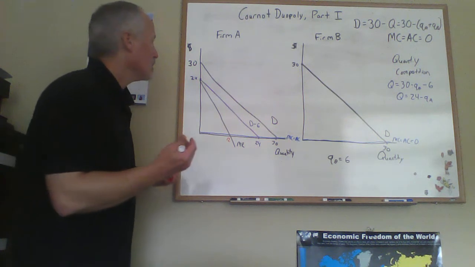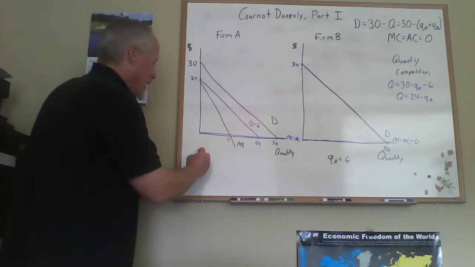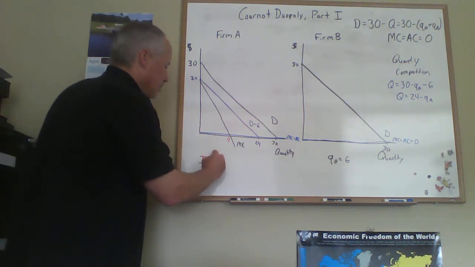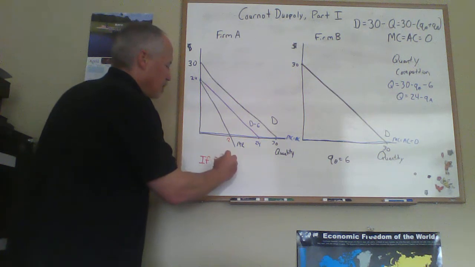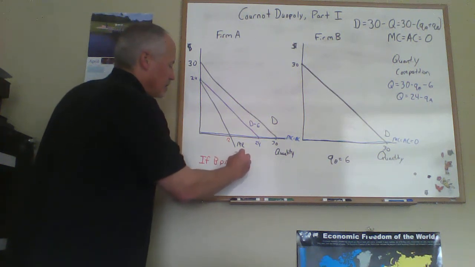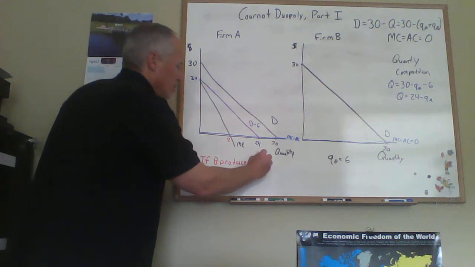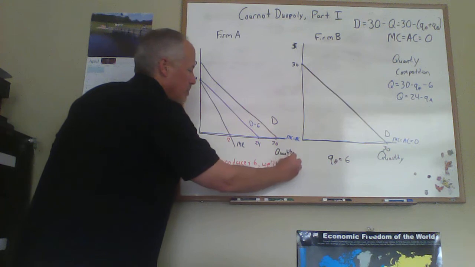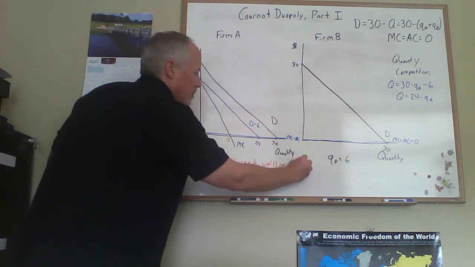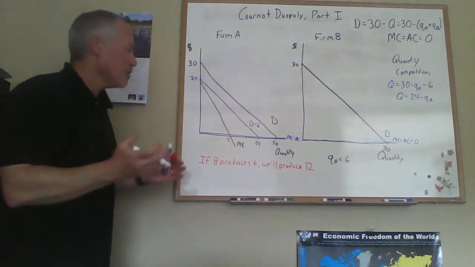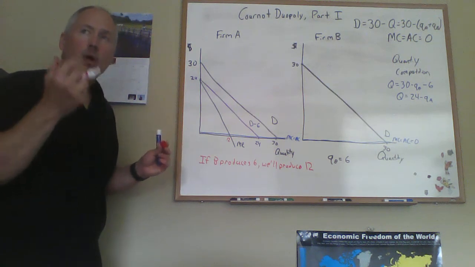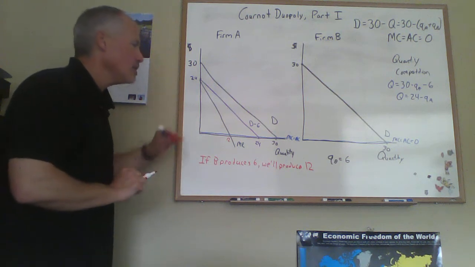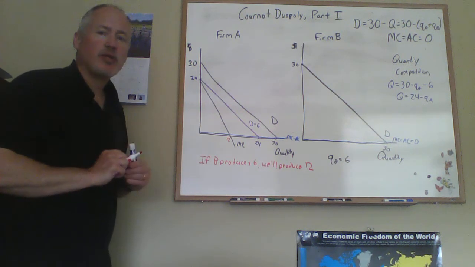So what firm A is saying is that if firm B produces 6, it will produce 12. The way we got that was to figure out the profit-maximizing quantity for firm A to produce given some arbitrary choice of firm B.